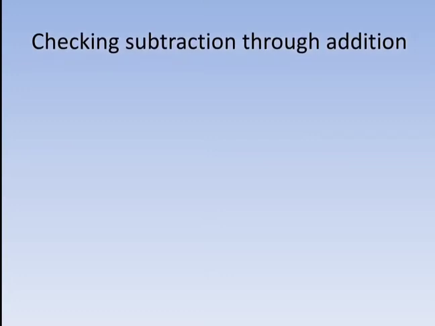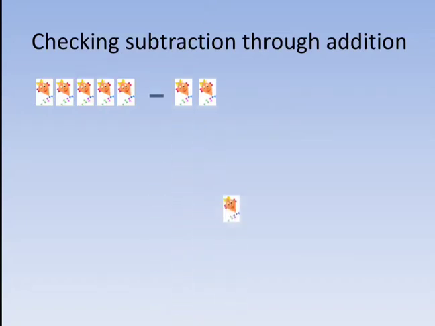Checking subtraction through addition. Dear students, if we have 5 kites and if we take away 3 from 5, we'll get only 2 with us.